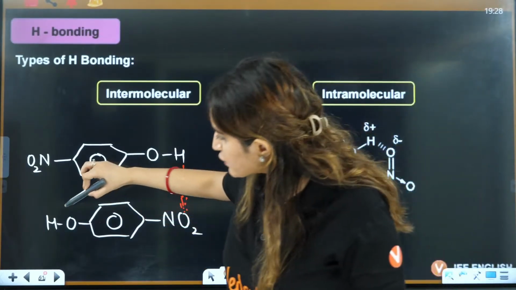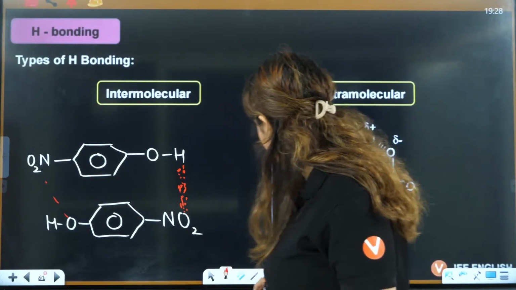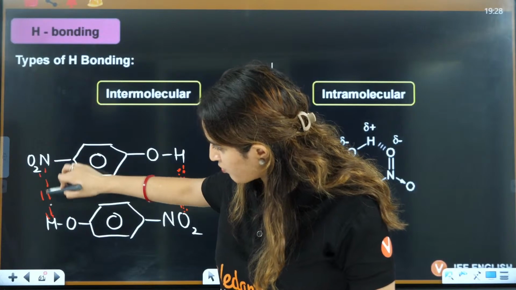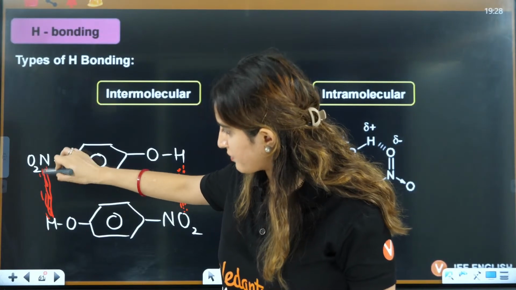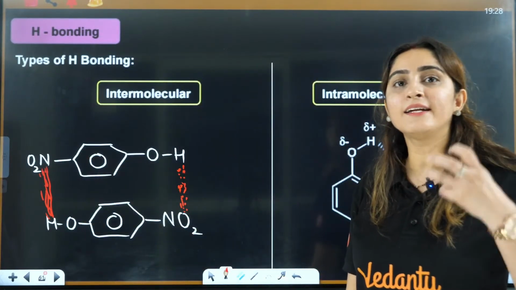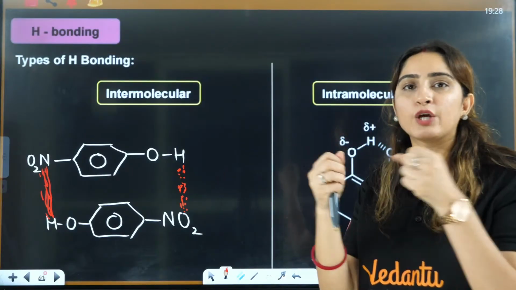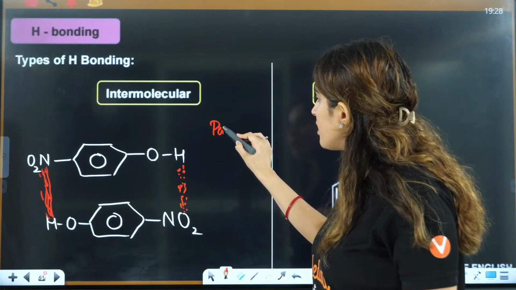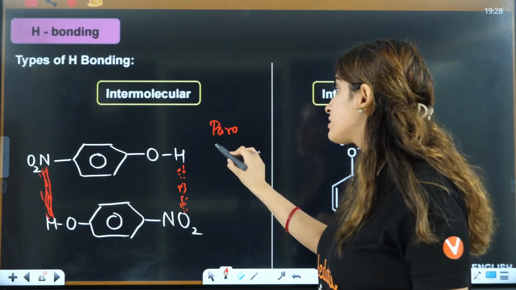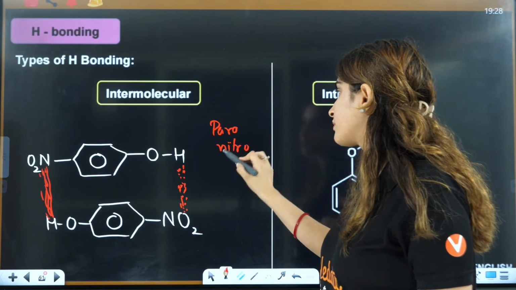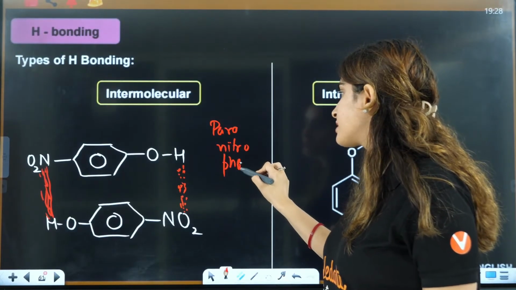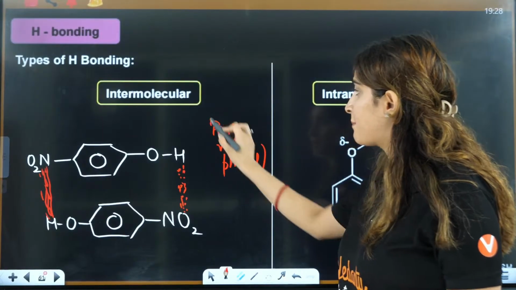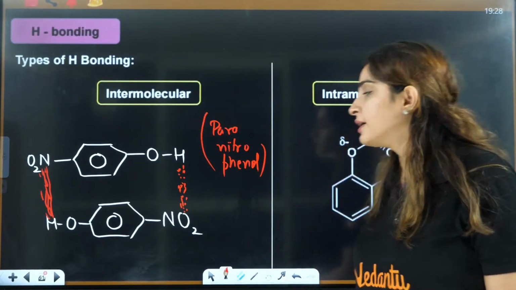And this hydrogen here also will show hydrogen bonding with this NO2. That is called intermolecular. Between two molecules it is showing hydrogen bonding. So para nitrophenol, this we'll discuss in organic as well. This is a very major application of this in organic, right?